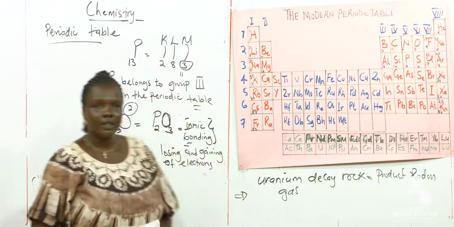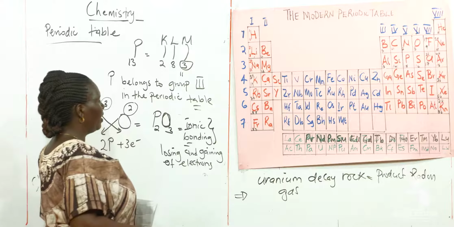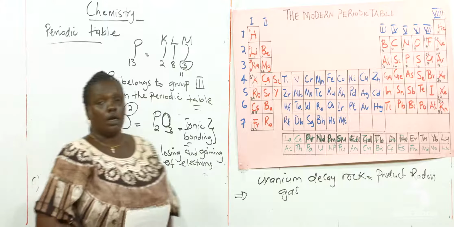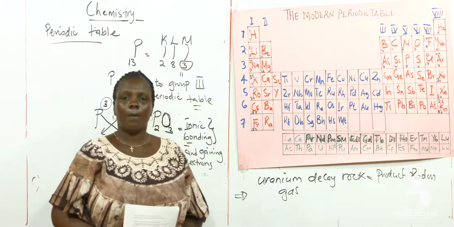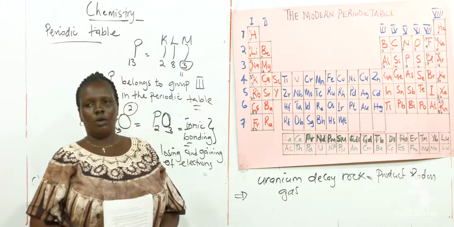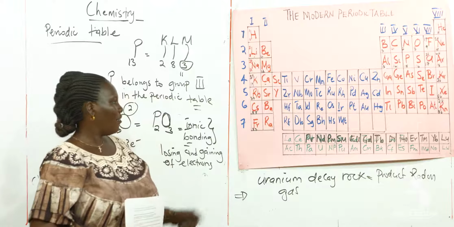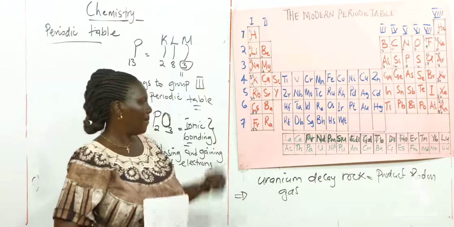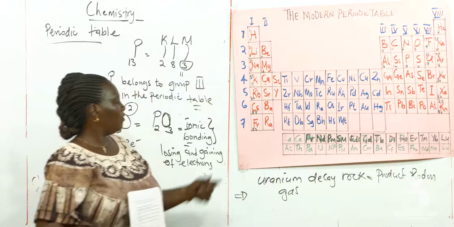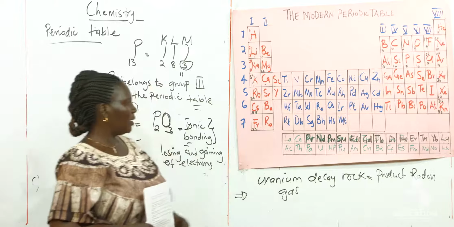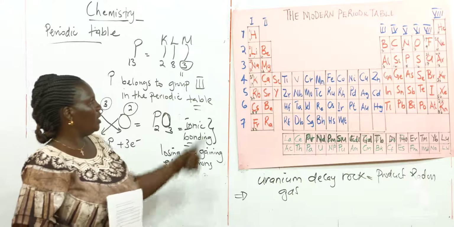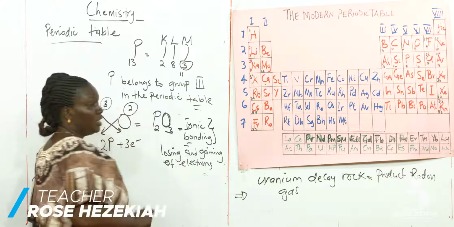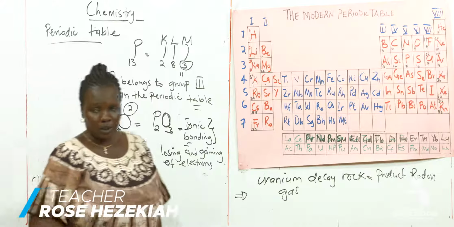This is a brief exercise to summarize for us the topic of the periodic table. So I have come to the end, and I have wound up all the topics that are supposed to be covered in the area of the periodic table.